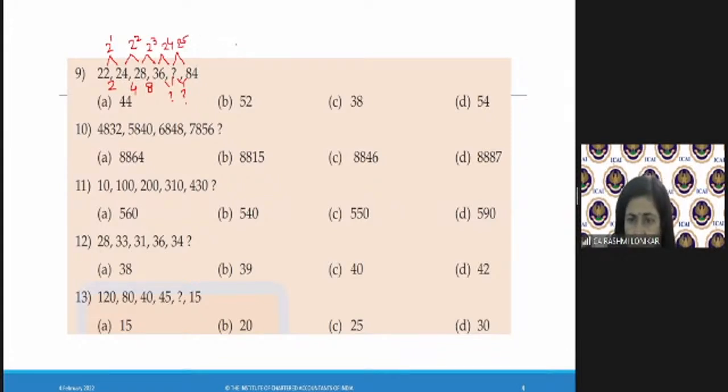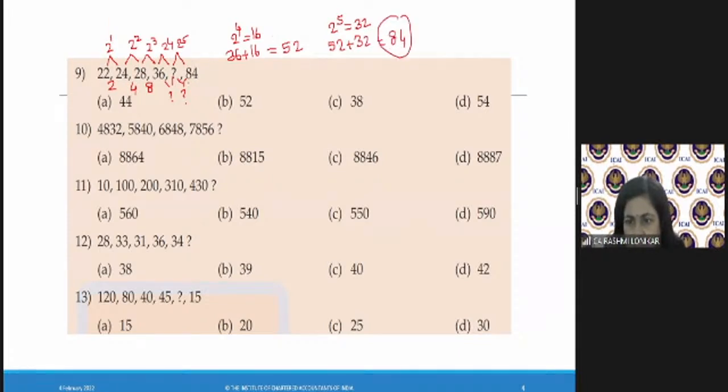Now 2 raised to 4 is how much? 16. Now let us see. 36 plus 16 is how much? 52. 2 raised to 5 is how much? 32. How much is 52 plus 32? 52 plus 32 is 84, right?